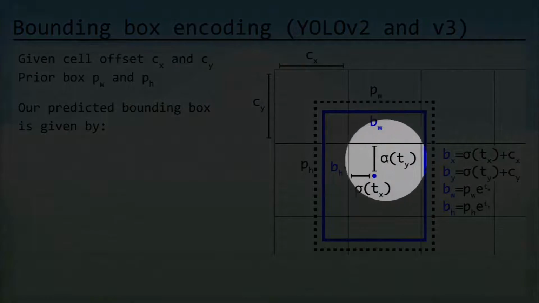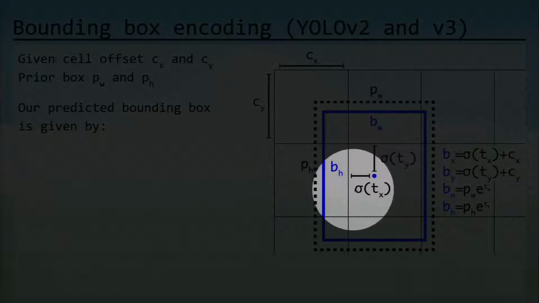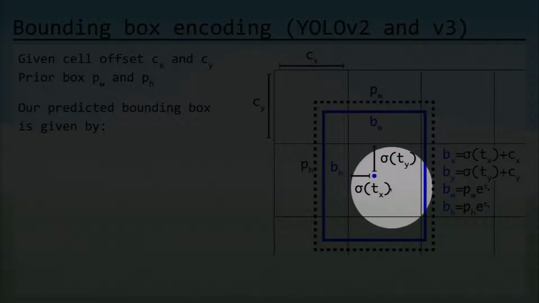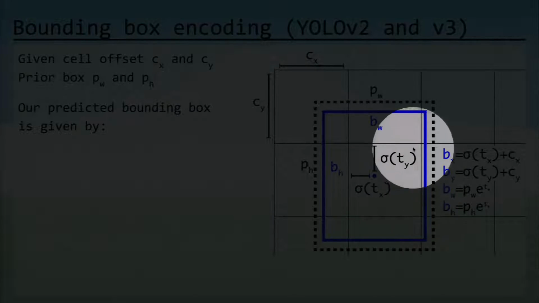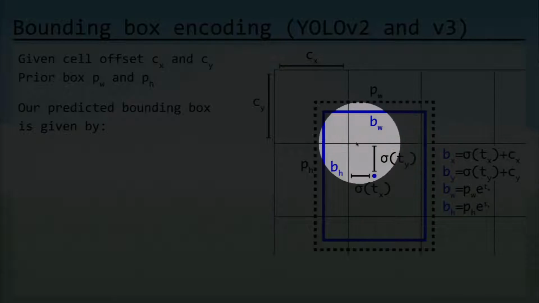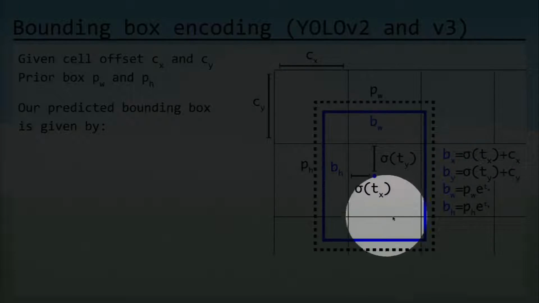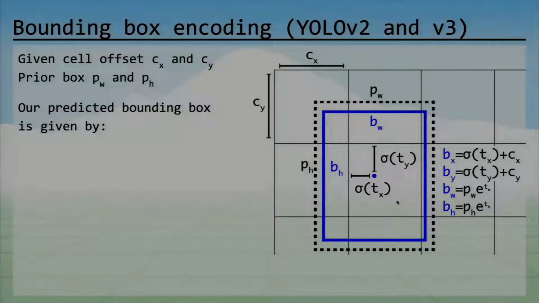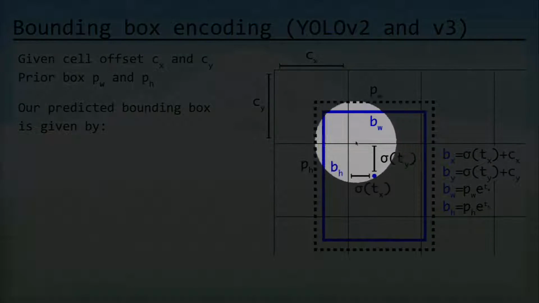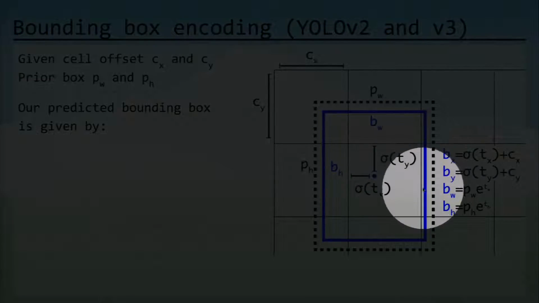If the logistic activation of Tx were 0, we would be along this area, along the y-axis. If it were 1, we would be over in this region. Same thing with Ty. If it were 0, we would be here. If it were 1, we would be here. Taking the logistic activation constrains the center of this bounding box to fall somewhere within this grid cell.